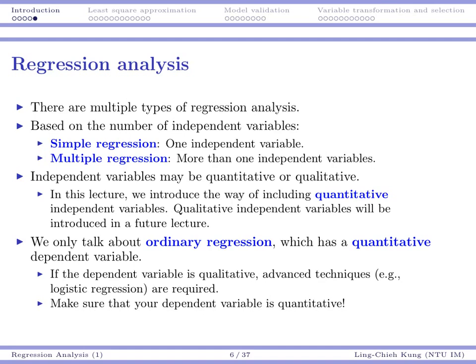So first, we may use the number of independent variables to categorize the regression models. If we are doing a simple regression, that means we have only one independent variable. On the other hand, if we have more than one independent variable, then we have multiple regression. Okay, multiple regression.